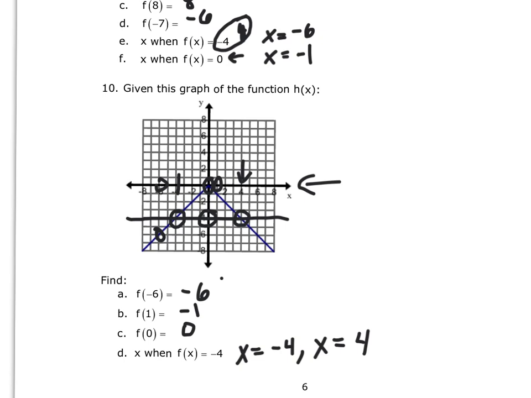That doesn't have to keep that same pattern. This particular graph is symmetric on the y-axis, so they are just the same number, one positive, one negative. They don't have to be the same number. They don't have to be one positive and one negative. So don't make rules that don't exist.